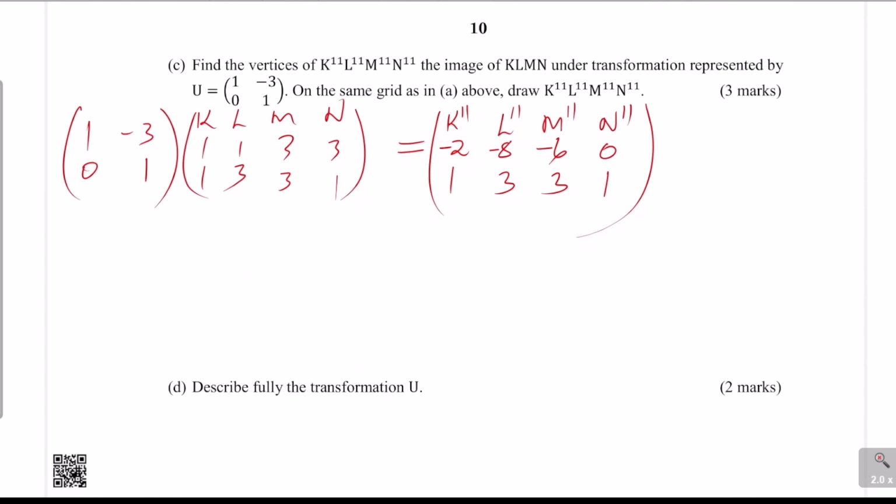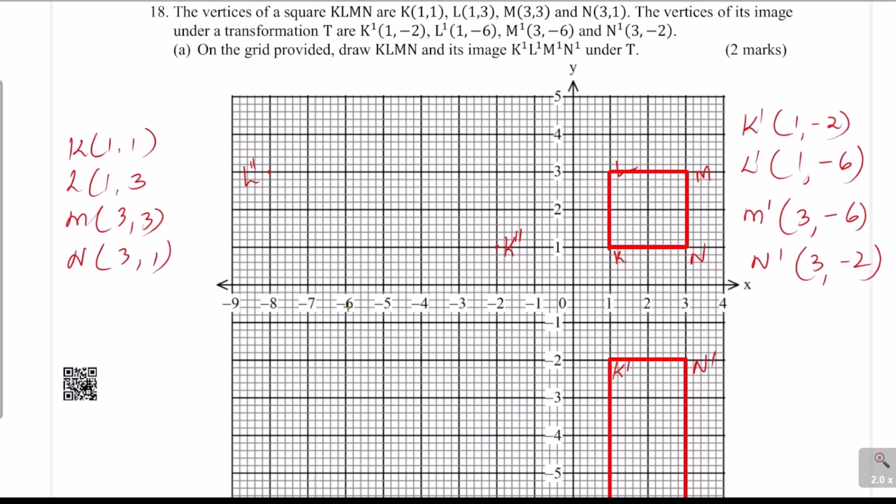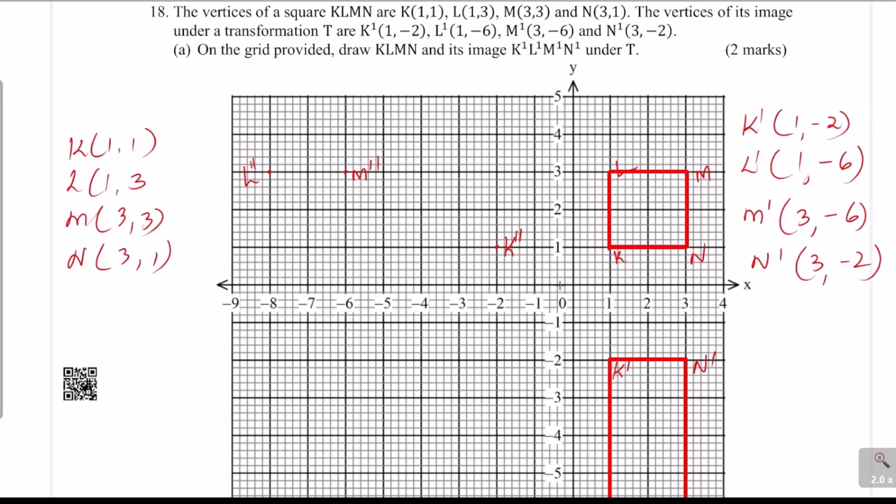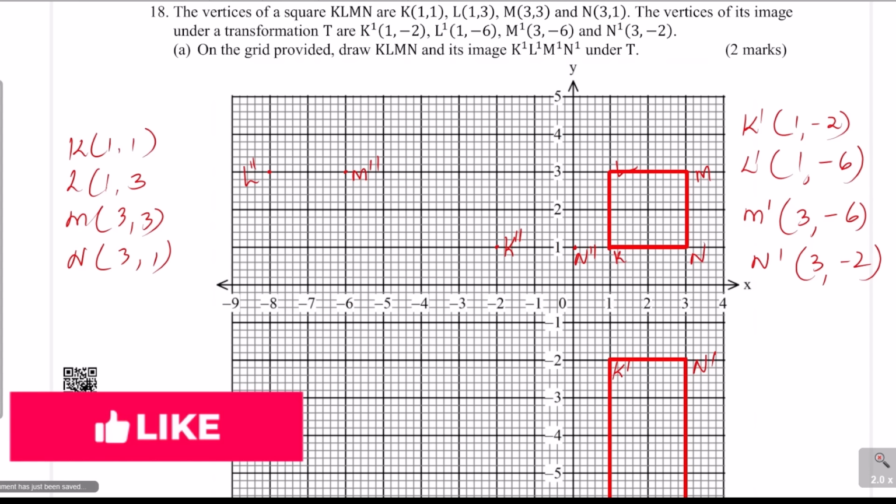And then we have -6 3, M double prime, then N is 0 1, 0 1 is here, N double prime.